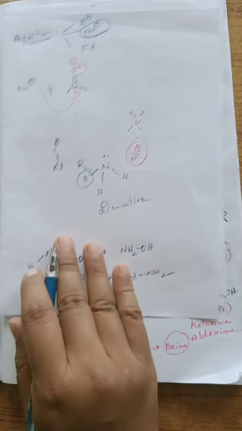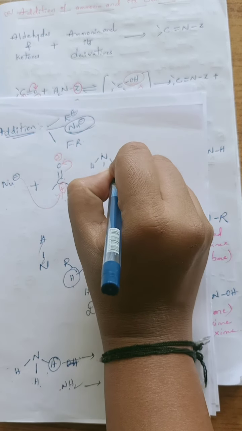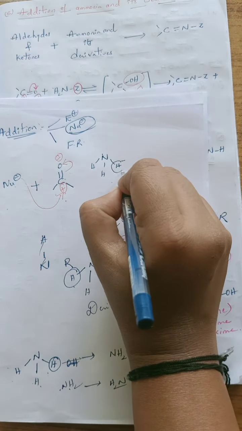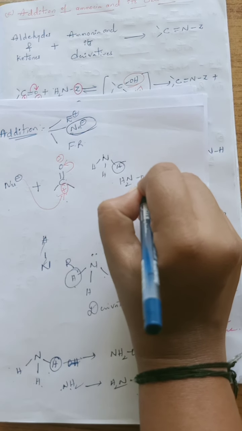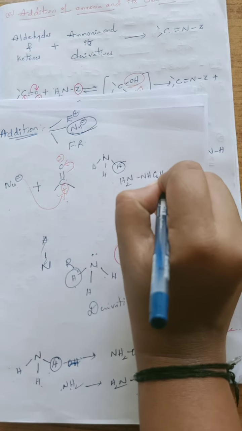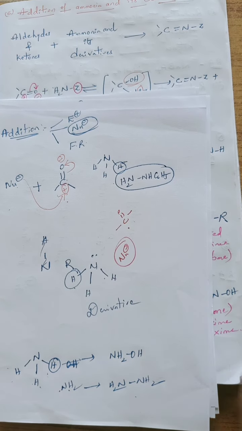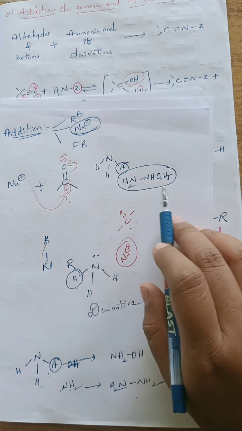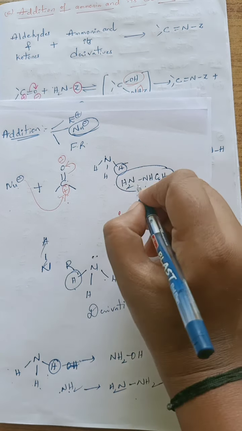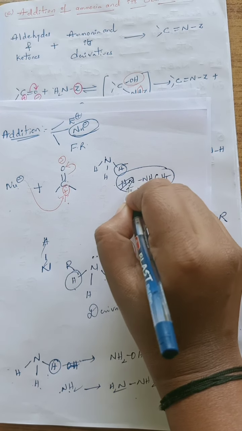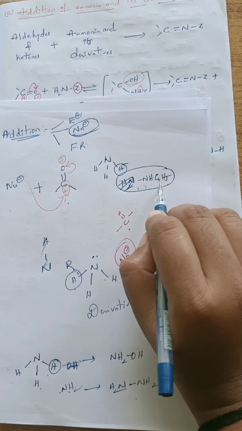Suppose this is ammonia. On this ammonia, if one of the hydrogens is replaced by NHC6H5, we get NH2-NHC6H5, phenyl hydrazine. This is as it is, and now one of the hydrogens is replaced by NHC6H5.